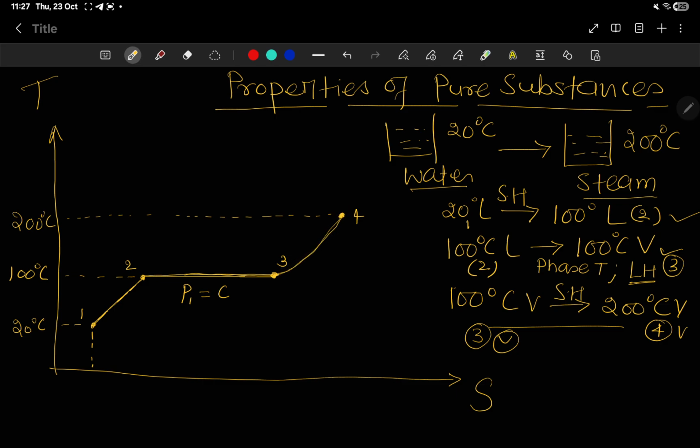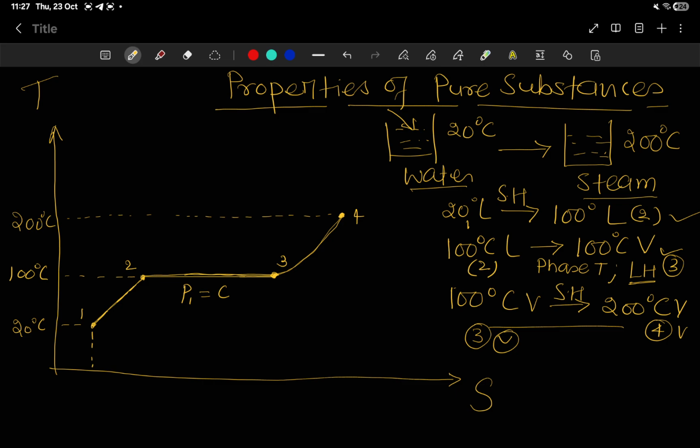Now, if I increase the pressure on this liquid, we have learned in the class that on increasing the pressure on water, the boiling temperature of water increases.